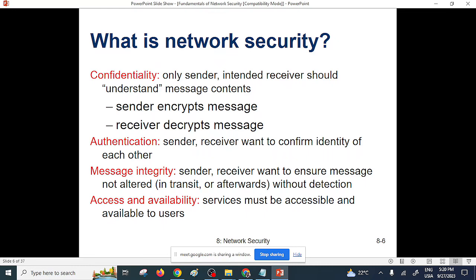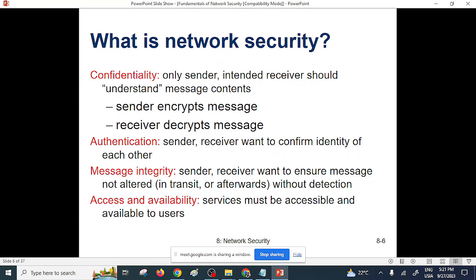And of course, we have availability. When you're using any network resource, it could be a device such as a printer, it could be Wi-Fi. If you realize that you can't access that resource when you need it, that means it's not available.